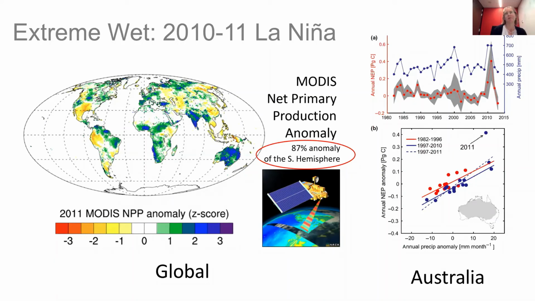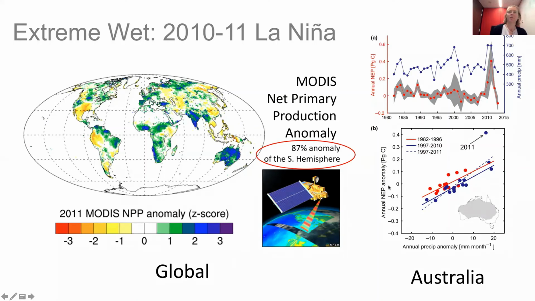And in particular, on the right-hand side, you can see our own modelling of the net ecosystem productivity time series, showing the massive positive excursion in 2010 and 2011.